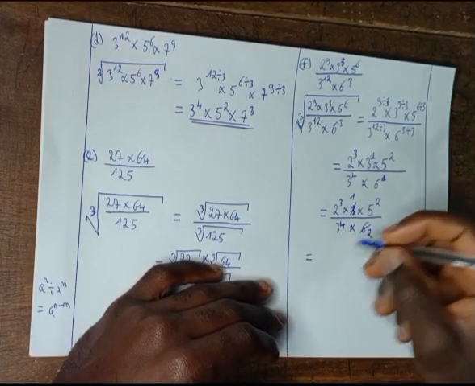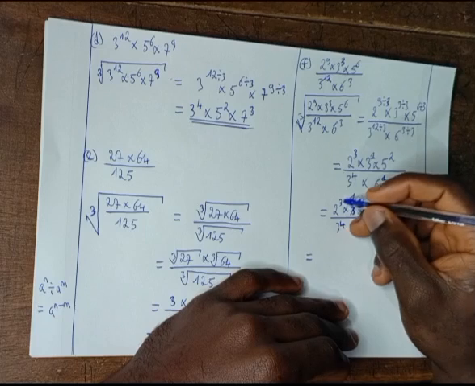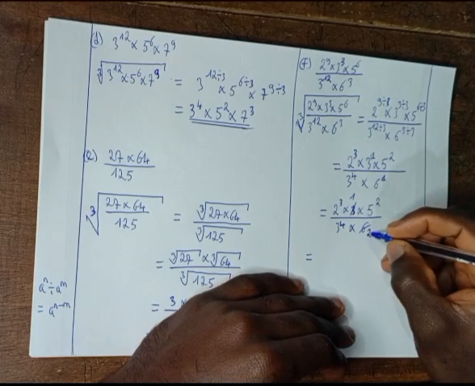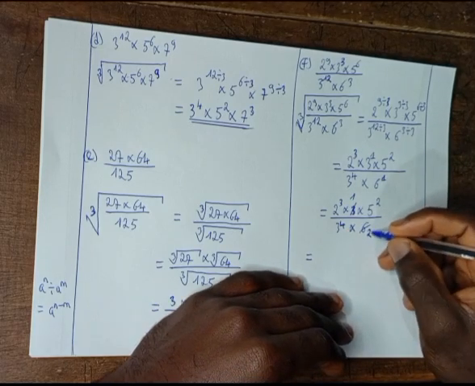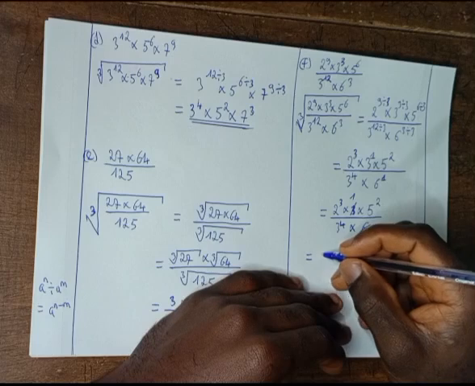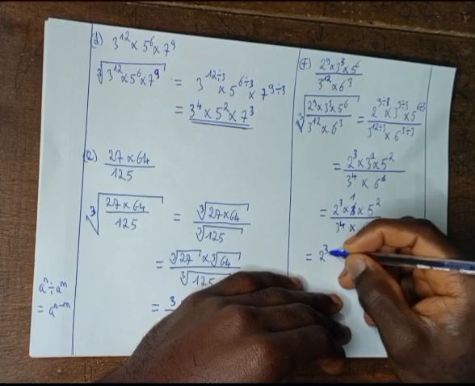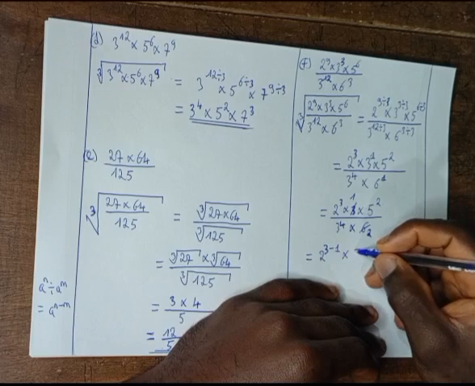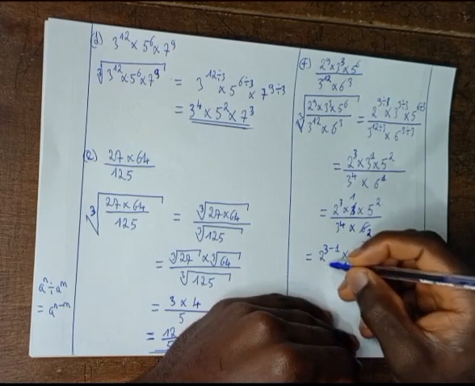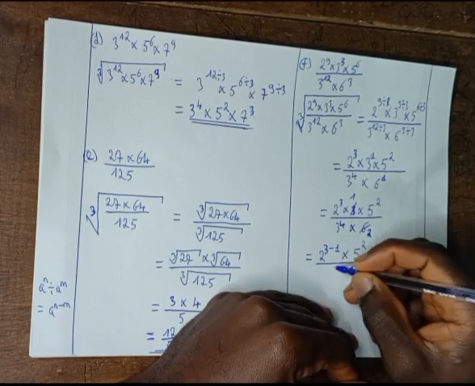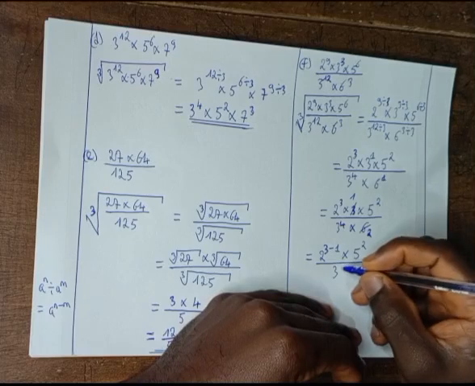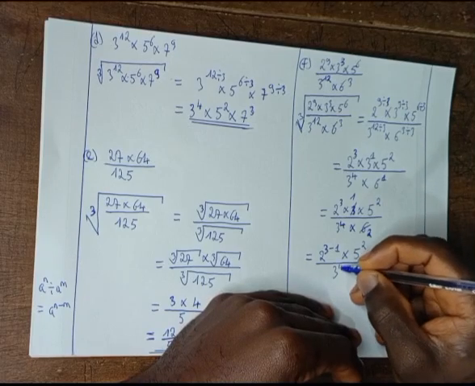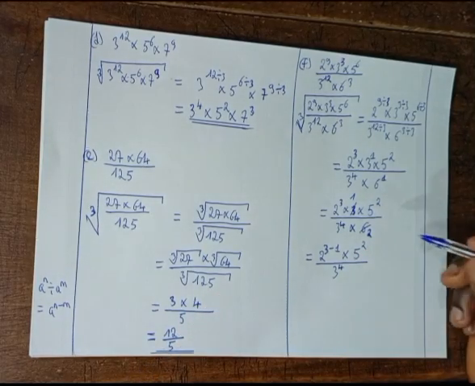This will simply be equal to, here we have 2 raised to the power 3, and at the denominator we have 2 here, which is raised to the power 1. So this will simply give us 2 raised to the power 3 minus 1 times 5 raised to the power 2 all over 3 raised to the power 4. 3 raised to the power 4 at the denominator will stay.